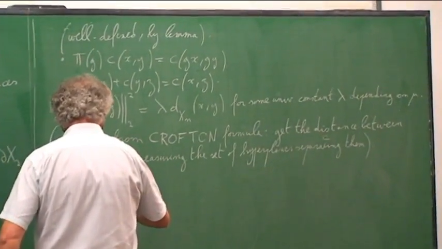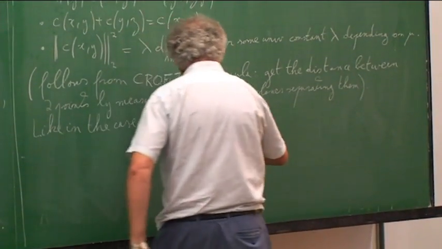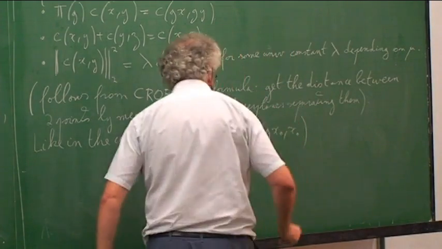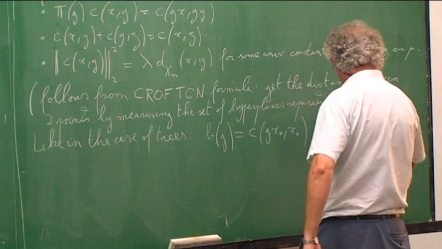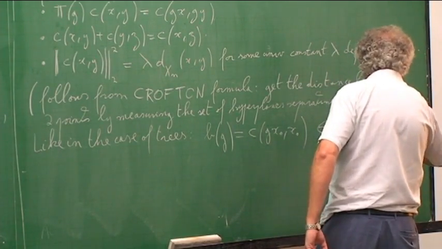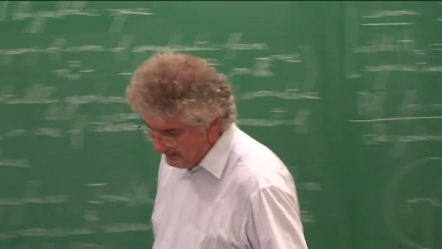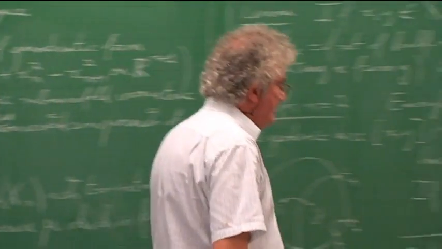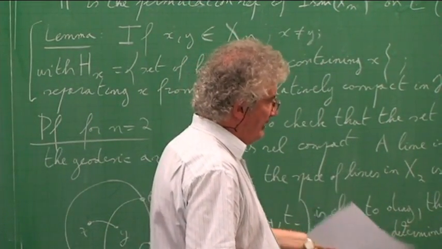Like in the case of trees, we define B of g as C of g x naught, and because of the first two relations, this is indeed the cosine for the isometry group of X with values in the Hilbert space. An immediate consequence is that a property T group acting isometrically on a real hyperbolic space will have bounded orbits.